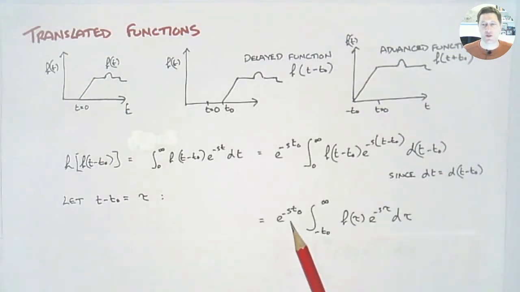So now the expression looks like e to the minus st0. We've got our integral from minus t0 to infinity because the limit has changed with our substitution, and this now looks like f of tau e to the minus s tau d tau. So this is looking a lot like a Laplace transform function.